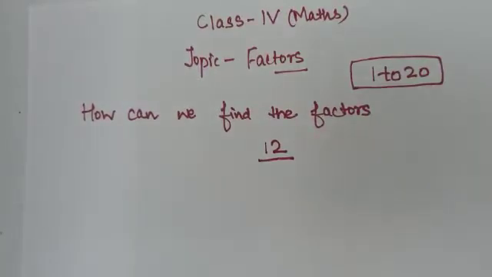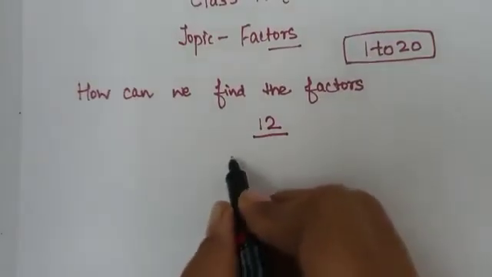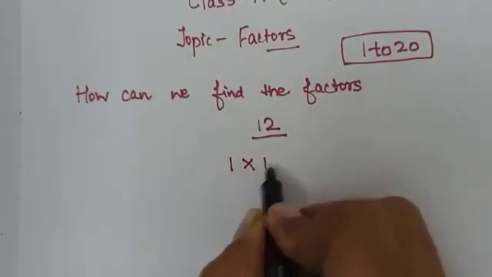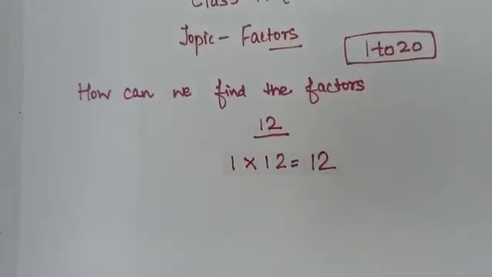Always start with 1 because every number comes in the table of 1. You can write that 1 into 12 is equal to 12. So we know that every number comes in the table of 12.